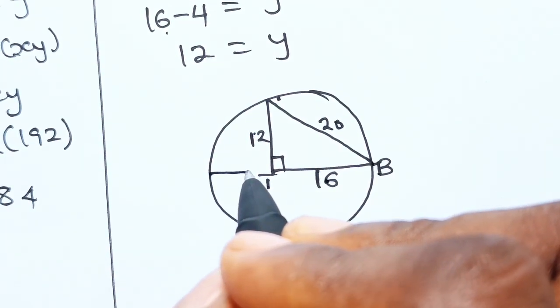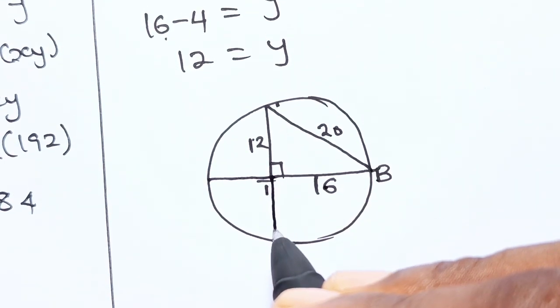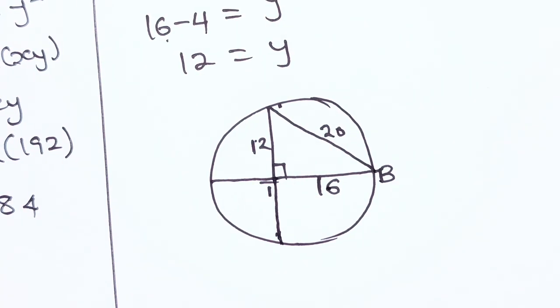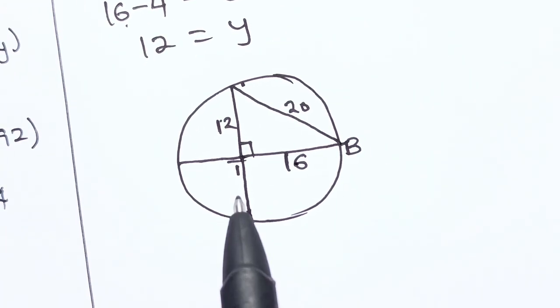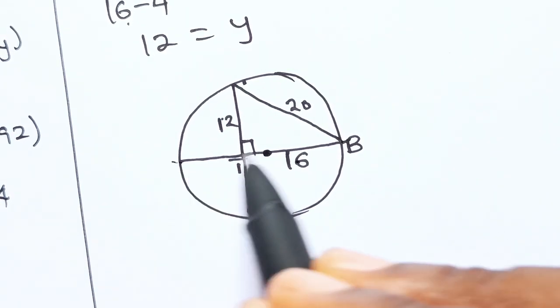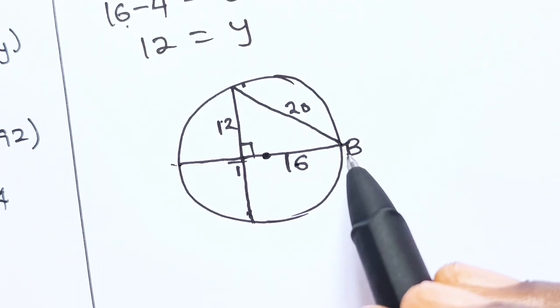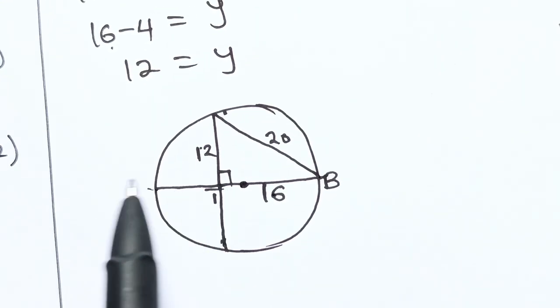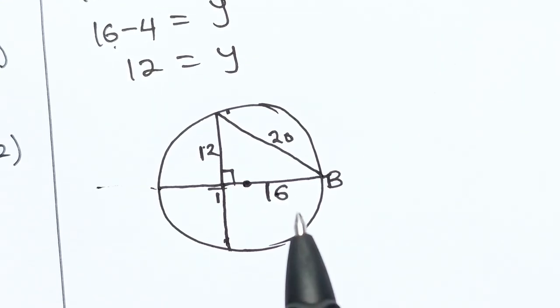If we decide to complete this circle, remember that to get the value of our area, we need the value of our radius, okay? And remember that from here to here is the diameter of this circle. So if we can get the length of the diameter, we can get the radius, okay?